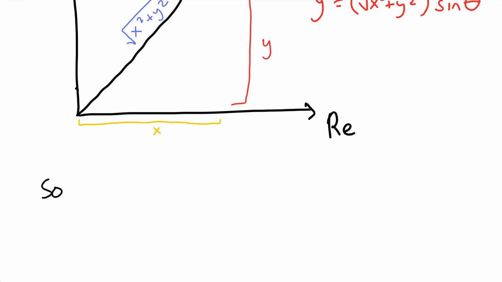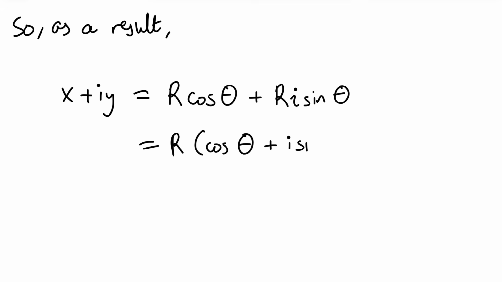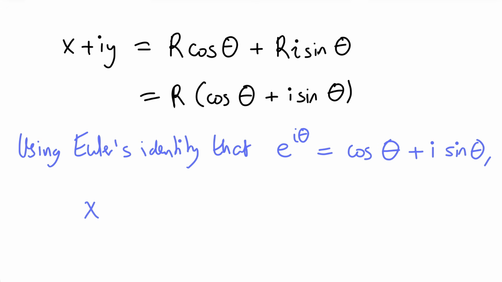And so if we rename that square root x squared plus y squared to something simpler like r, we get that z is equal to r cosine theta plus ri sine theta, which is equal to r times cosine theta plus i sine theta. And then we can make use of Euler's identity to rewrite this as z is equal to r times e to the i theta.